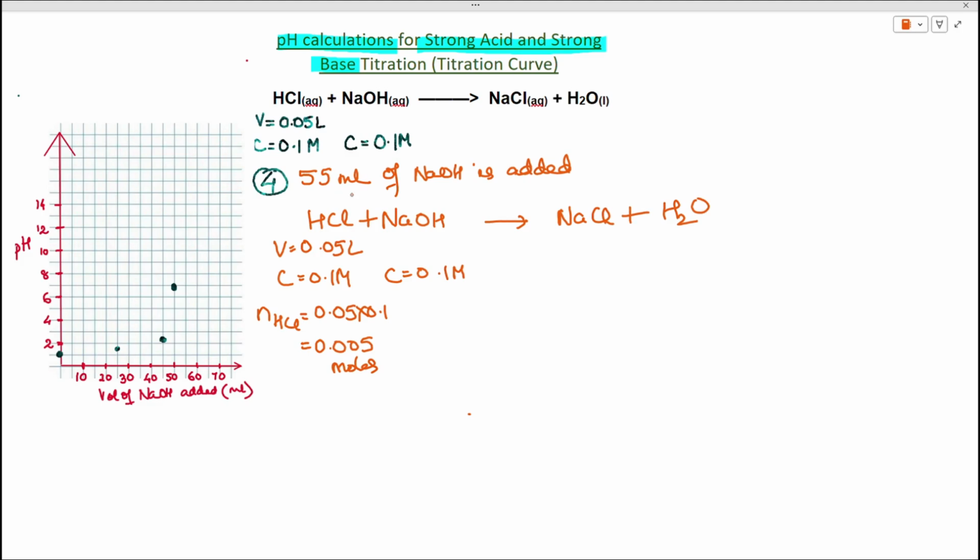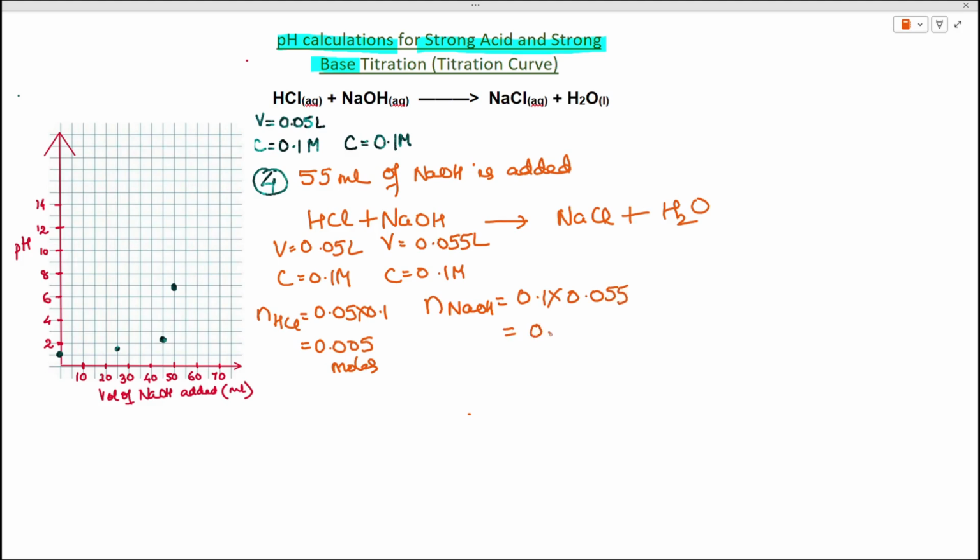In this situation, now we have added 55 ml of NaOH, which means the volume of NaOH added is 0.055 liters. The number of moles of HCl remains the same, but now we'll calculate the number of moles of NaOH. So this is equal to the concentration, which is 0.1, multiplied by the volume, which is 0.055.